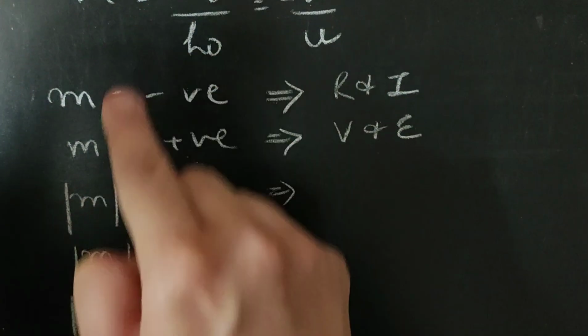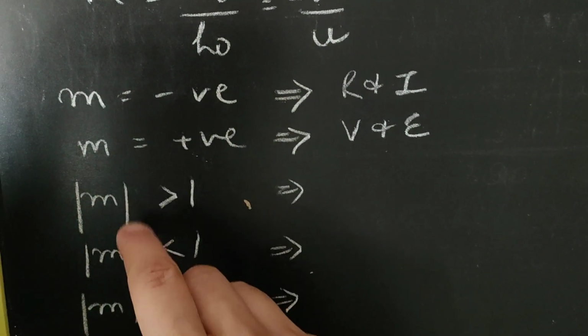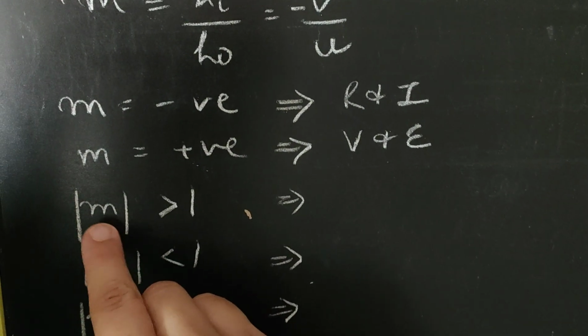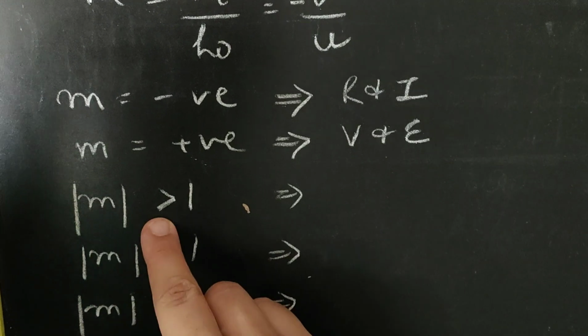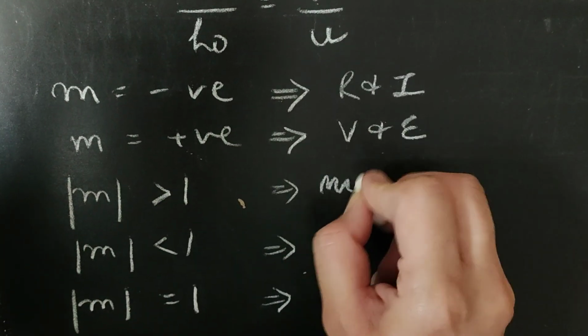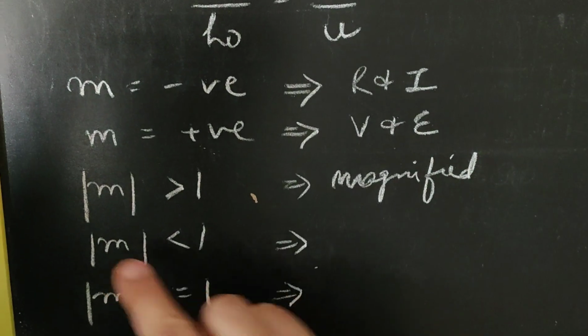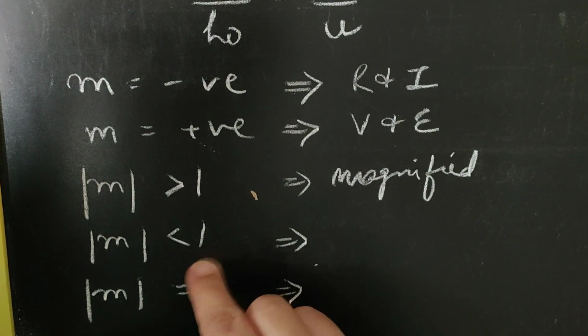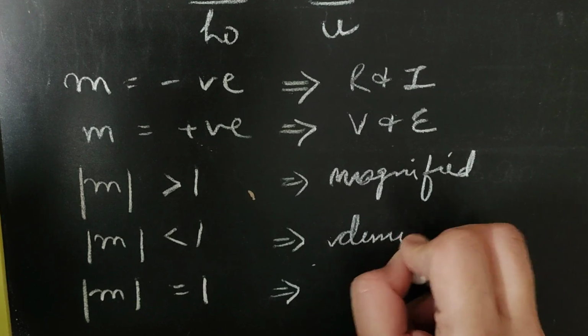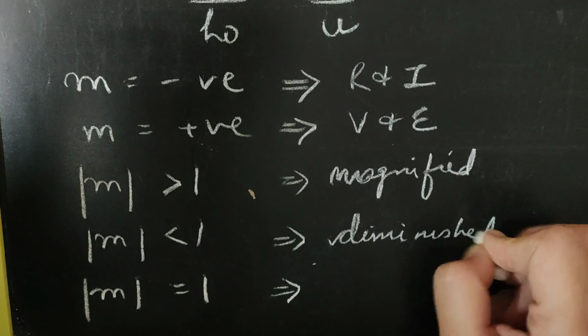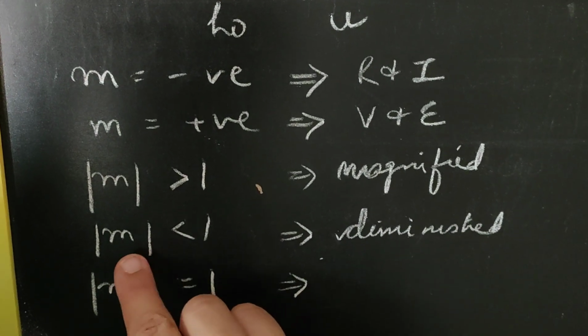मैग्निफिकेशन की वैल्यू, साइन की बात नहीं कर रहे हम, I am talking about the modulus this time. If the modulus of magnification, value of magnification is greater than 1, this means image is magnified or enlarged. If the modulus is less than 1, this means the image is diminished. We had discussed this earlier also.